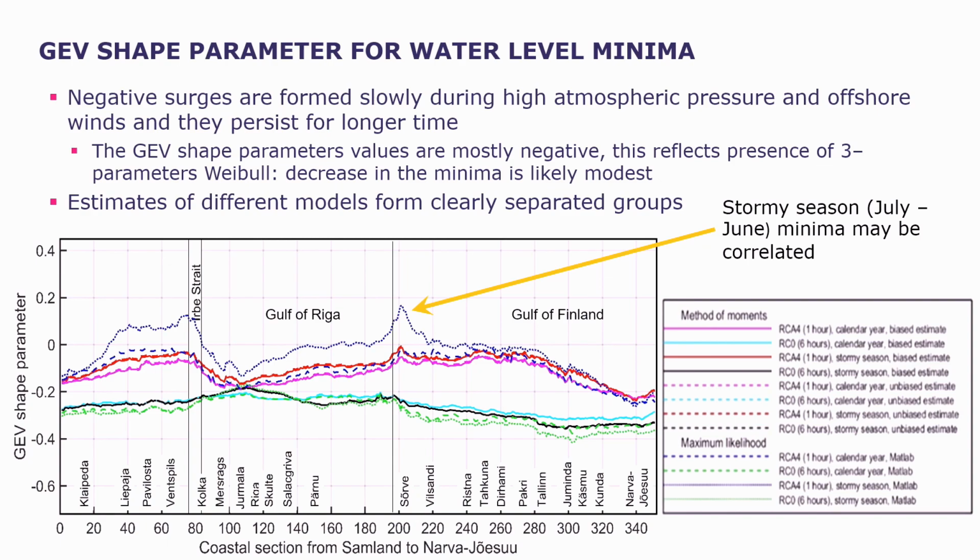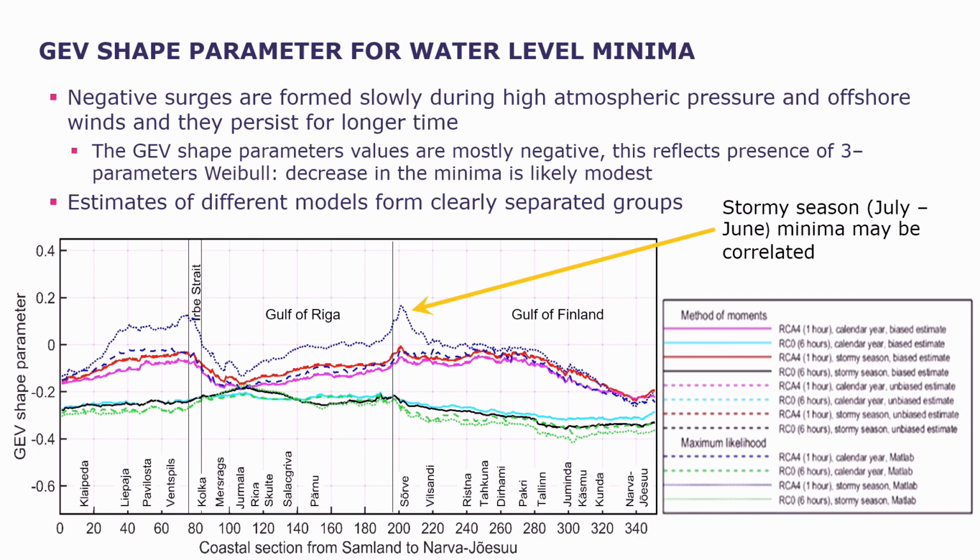But as a result, the GEV shape parameter values along the shore are mostly negative, and this reflects the presence of the 3-parameter Weibull distribution. And this signals that the decrease in the minima is likely modest.